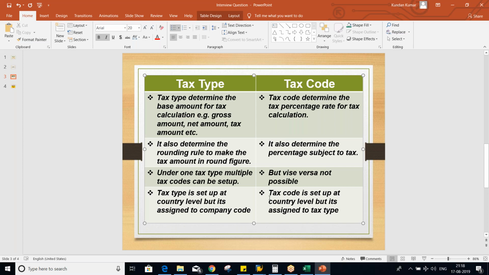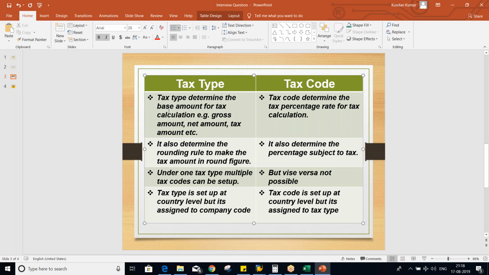So these are the four major differences, guys, which can be explained pretty easily during an interview. I'll repeat these four differences once again. The tax type determines the base amount for the tax calculations, and this base amount could be the gross amount, net amount, or tax amount.